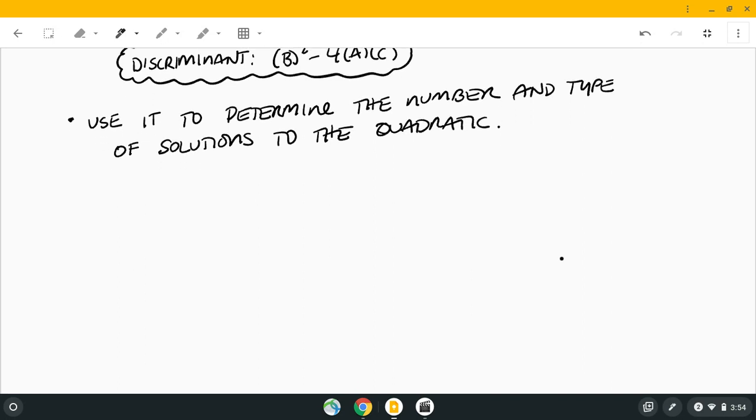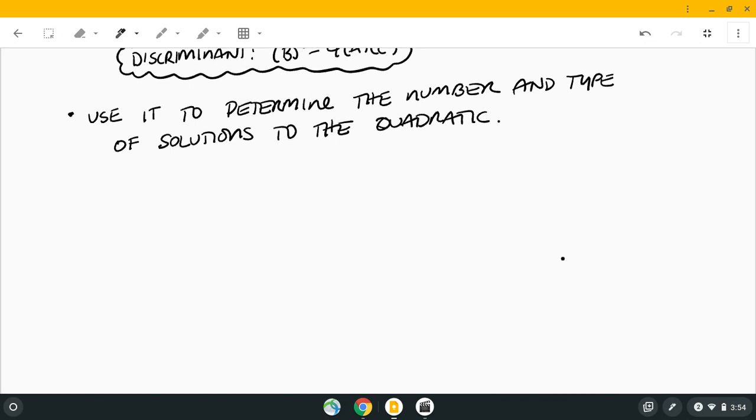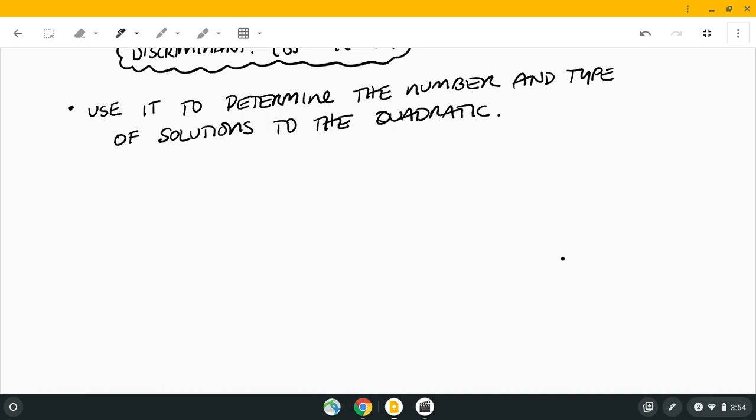Okay, before I give you what the rules are, let's just inspect the quadratic formula for a second.